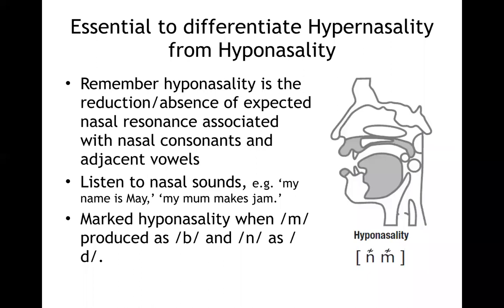If a child is saying that, and it sounds more like they're using the oral consonant B instead of the M, then that is a good indicator of hyponasality. So instead of my mum makes jam, it might sound like buy, bub, bake, bam, where they can't get that nasal sound because there's a blockage in the nasal cavity, and they can only produce it in an oral way. So it's really important to be able to differentiate between hyper and hypo.